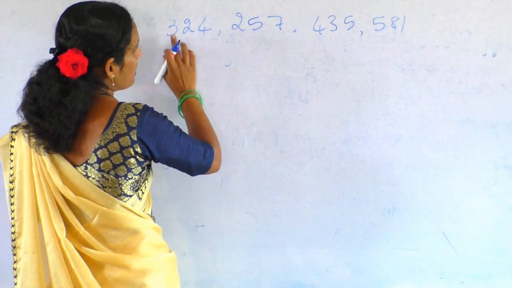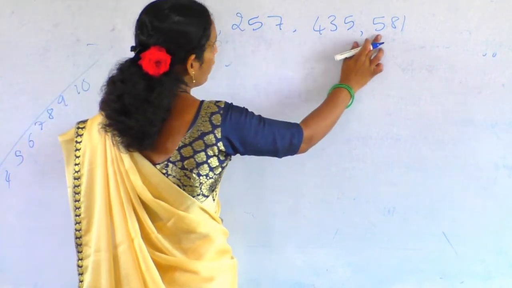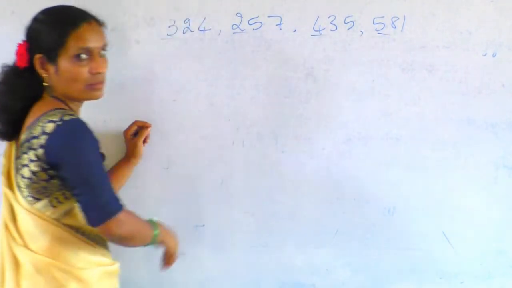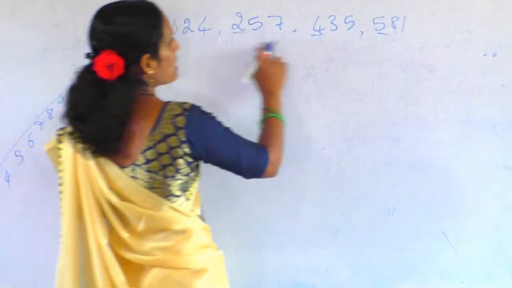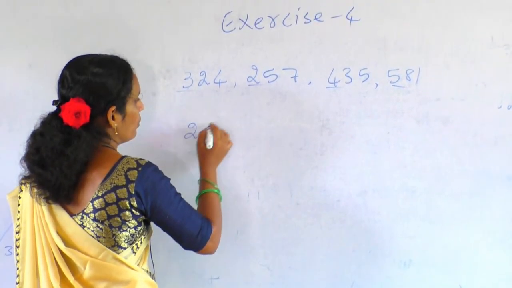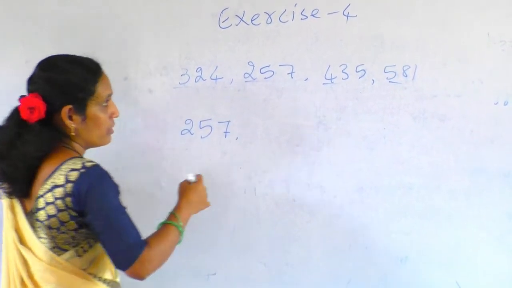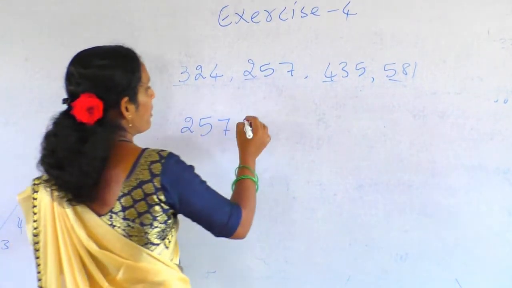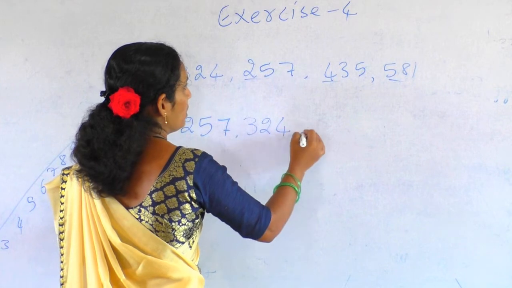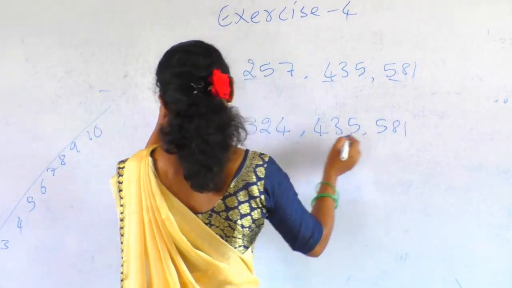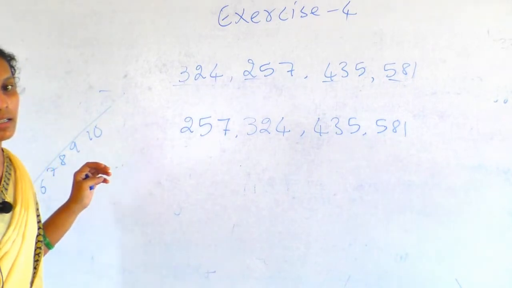First you see the 100 place: 3, 2, 4, 5. Which is the smaller number in this 100 place? 257. Next a little bigger number, 324. Next 435. Next 581. Smaller to bigger.